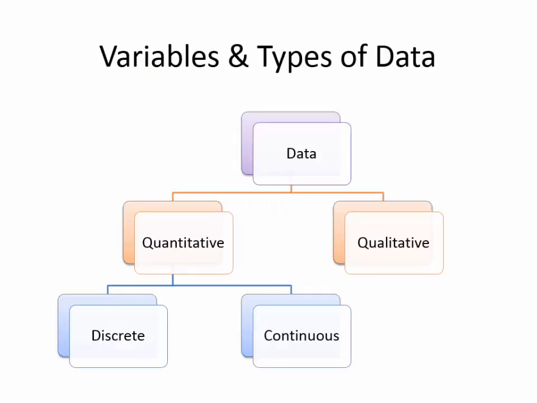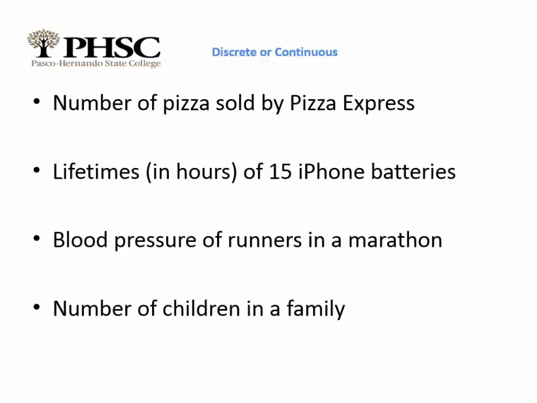So here we have variables and types of data. We have the data, either quantitative or qualitative, and then quantitative can be further broken down into discrete or continuous. So let's see, are these discrete or continuous? The number of pizzas sold by Pizza Express, lifetime in hours of 15 iPhone batteries, blood pressure of runners in a marathon, or the number of children in a family. The first one is discrete because you either have 0 pizzas or 20 pizzas or 25 pizzas.